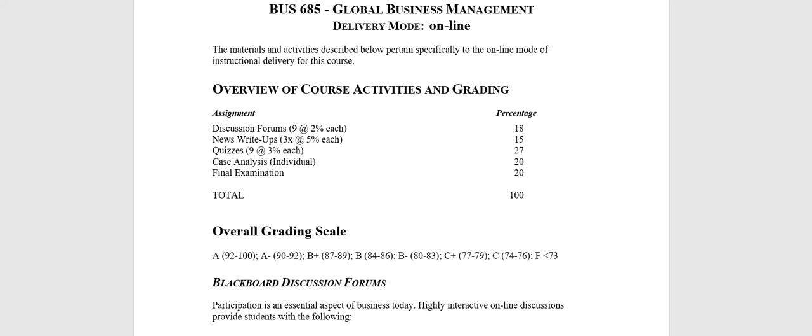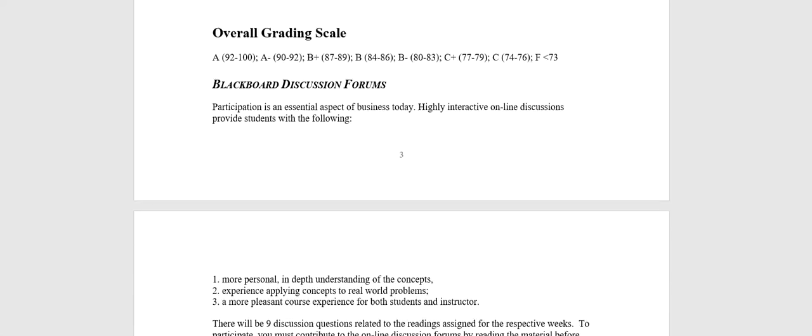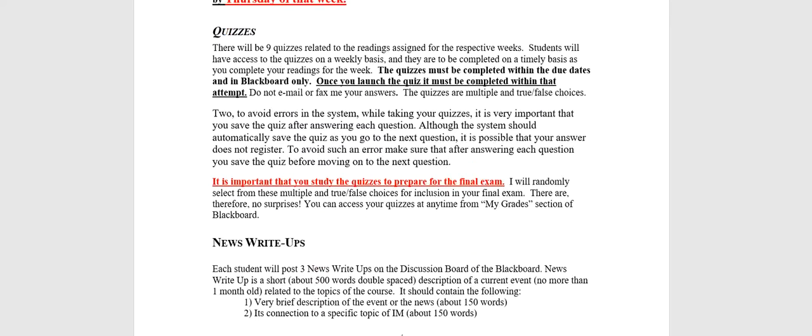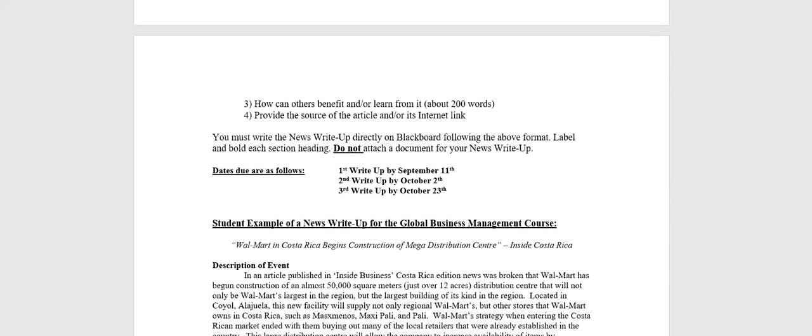We will have 9 quizzes, and then one individual case analysis, only 1, that is 20% of your grade. The last week is going to be your final exam week. Throughout that week, anytime you can come and do the exam, but remember, you do it only once.